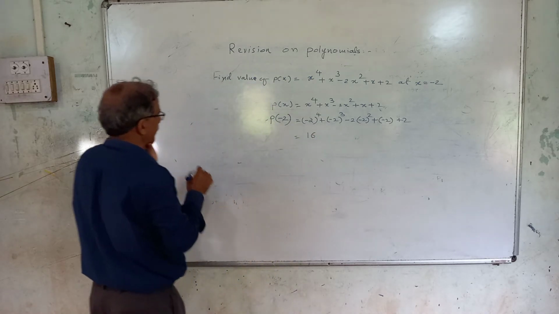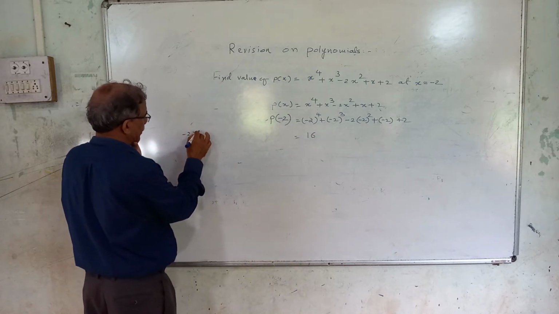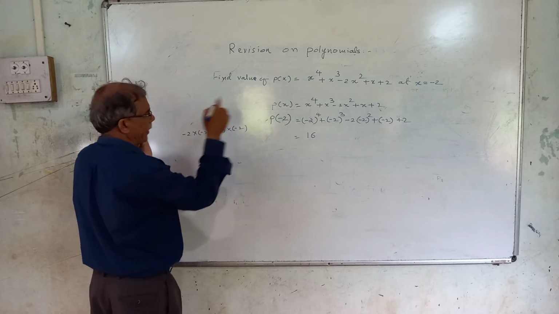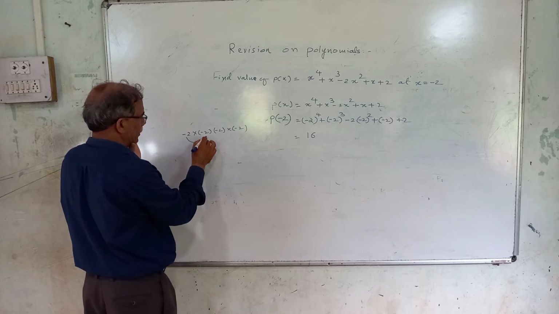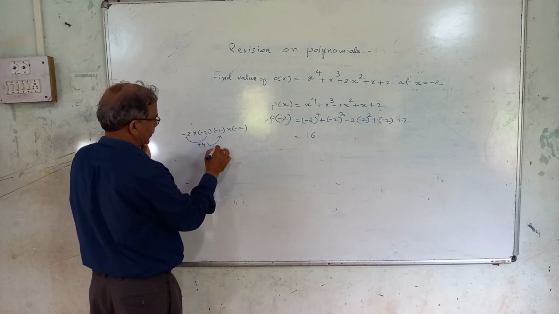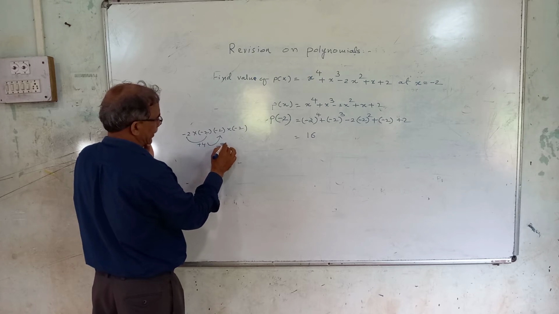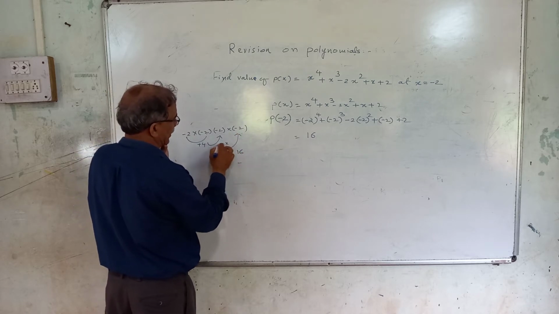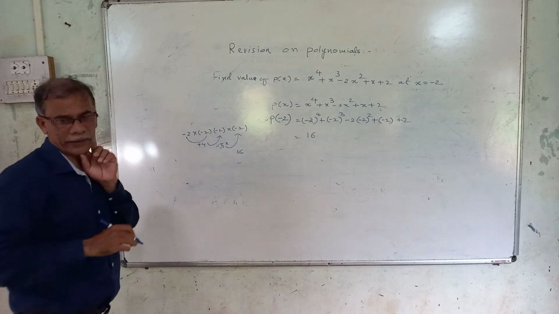If you want to write, we can write here minus 2 into minus 2 into minus 2 into minus 2, 4 times. Minus minus it is plus 4, plus 4 into minus 2 it is minus 8, then minus 8 into this minus 2, 8 to the 16, negative negative positive.